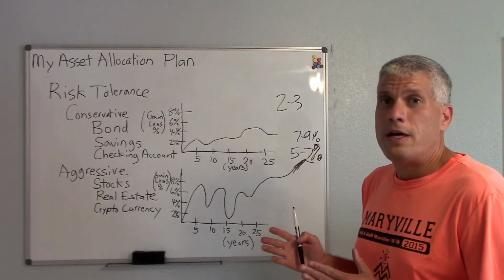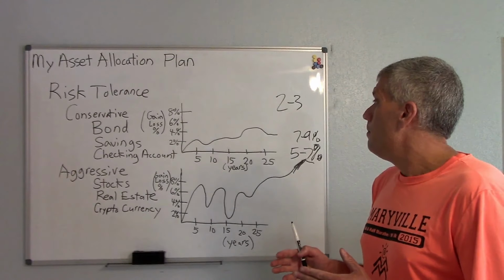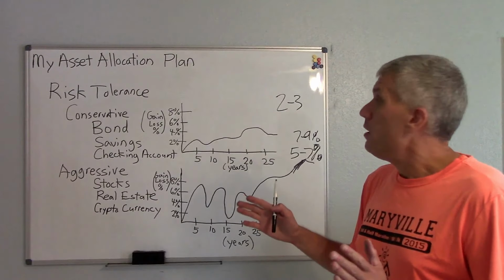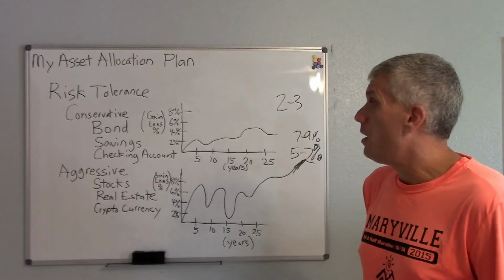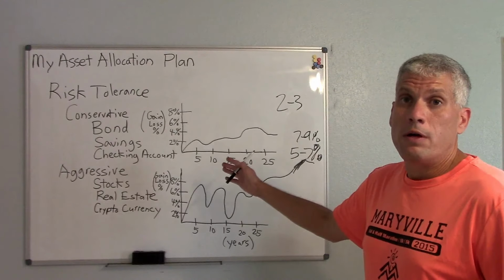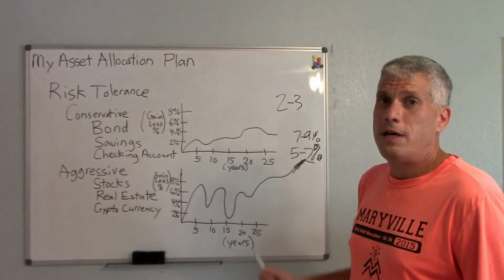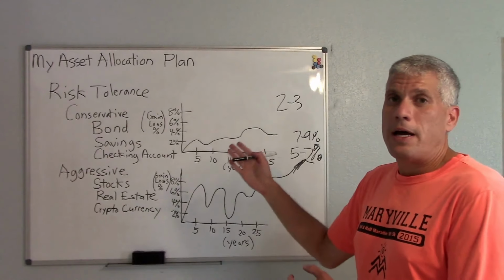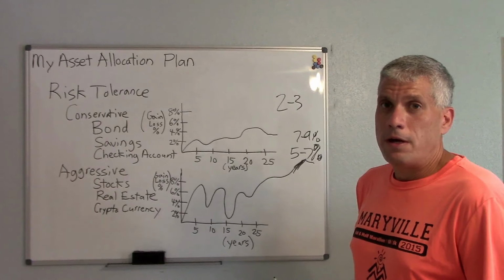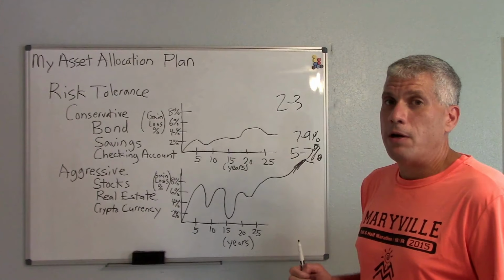So if you have a 2008, 2009 bank crisis again, you don't want to change your asset allocation plan midstream. You don't want to sell your aggressive stocks in the bear downturn and go to more conservative, because now you're basically buying high and selling low, right? And I know that's hard to do during those bear cycles.